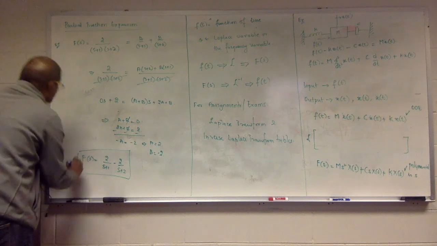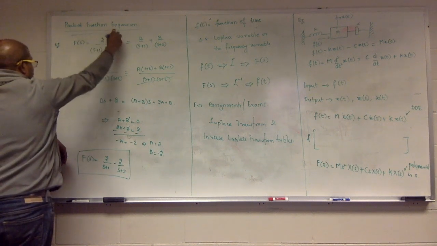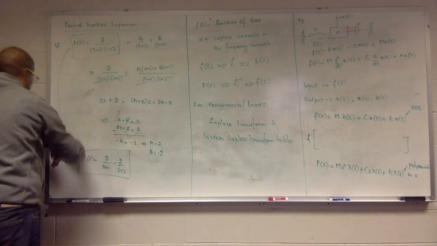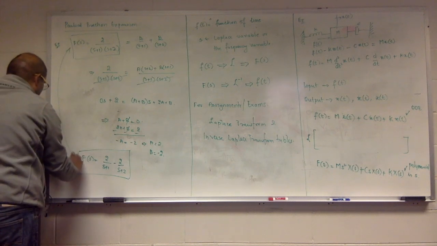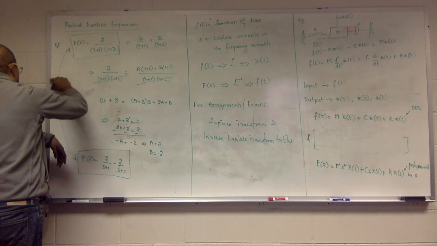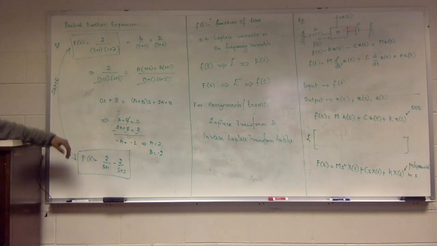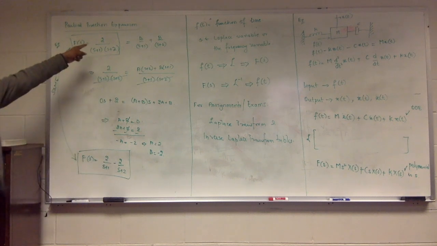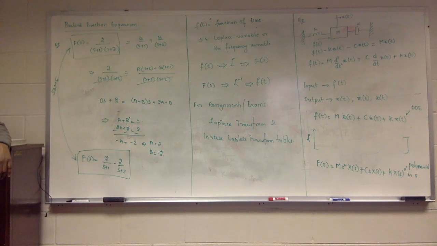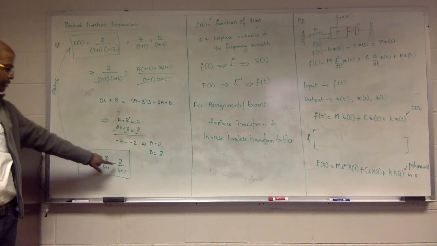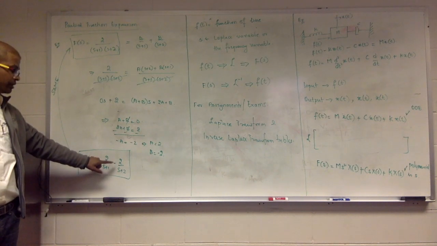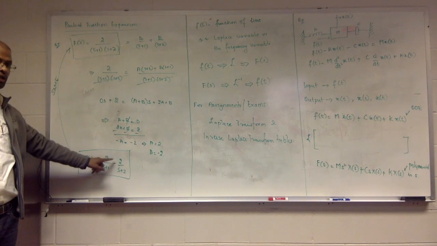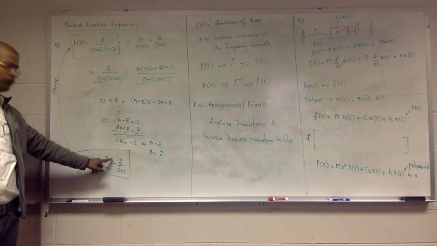So these two are the same. If you add this, you're just going to get this. So if you add it, you're going to get 2 into (s plus 2), that is 2s plus 4, minus 2 into (s plus 1), that is 2s minus 2. So 2s cancels. You're going to get 4 minus 2, which is 2.